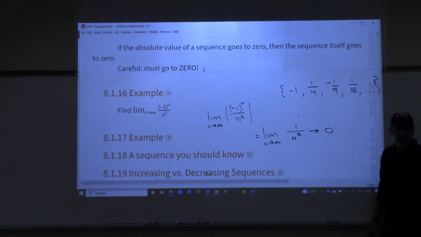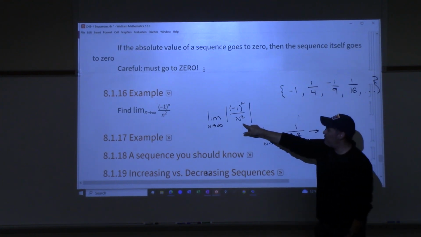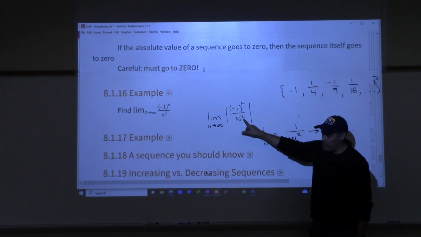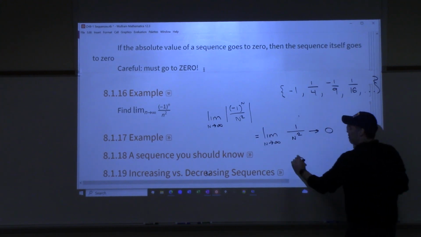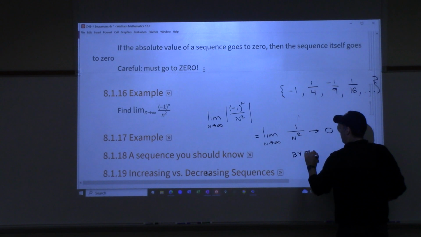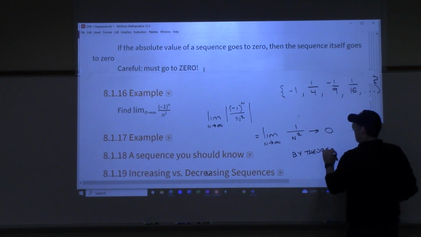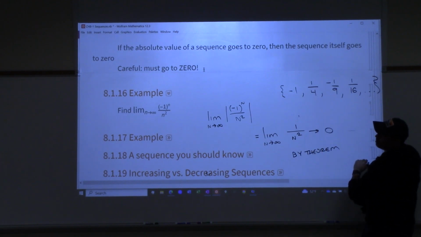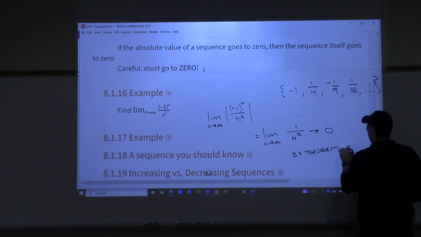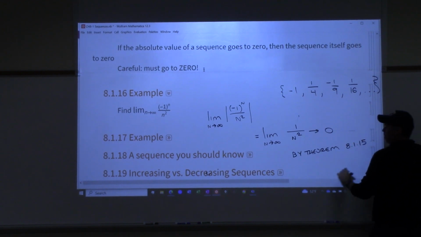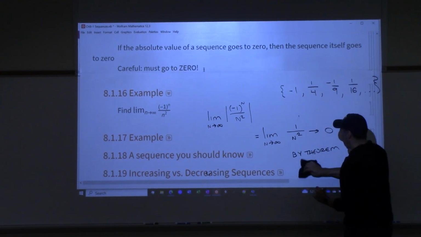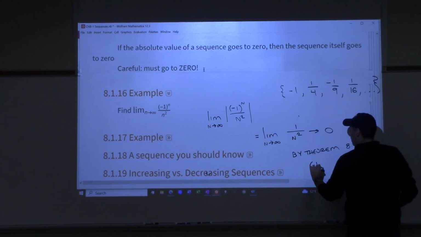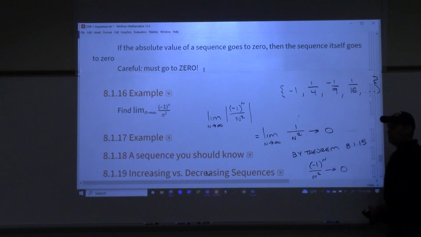So since the limit of the absolute value of the sequence goes to 0, by the theorem we just had, which is 8.1.15, we know that negative 1 to the n over n squared must also go to 0.